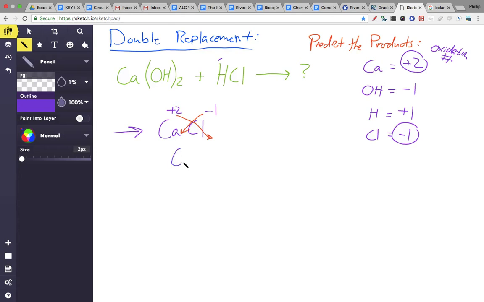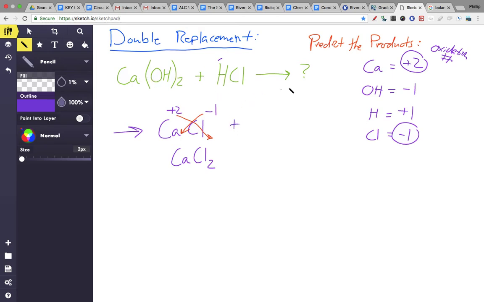In other words, those numbers cross. The -1 tells you that there's a single calcium. The +2 tells you that there are 2 chlorines. I hope you can see how I did that. It's just a mechanical thing, where the number switches over to the other partner, and it means that your compound there is going to be CaCl2.